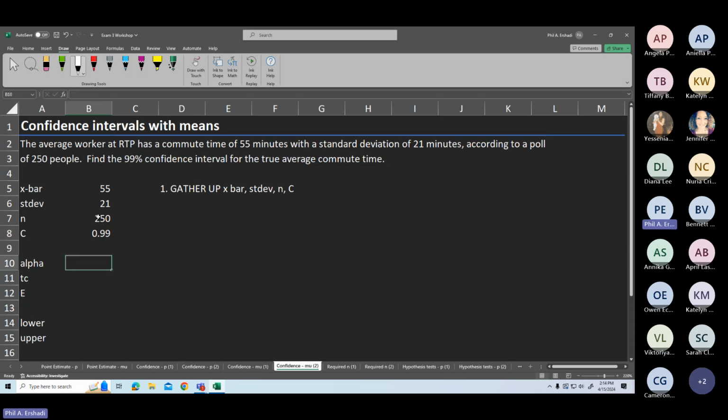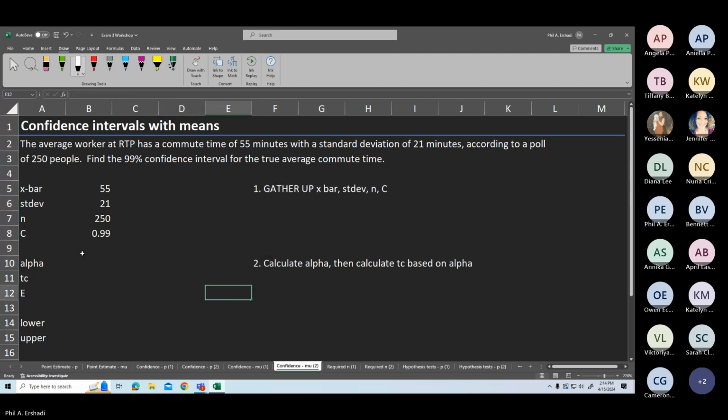We've already gone through how to get alpha, so that's our second step. We're going to calculate alpha, then calculate T critical based on alpha. Just move this so I have enough room. So alpha, we've gone through how to get that already.